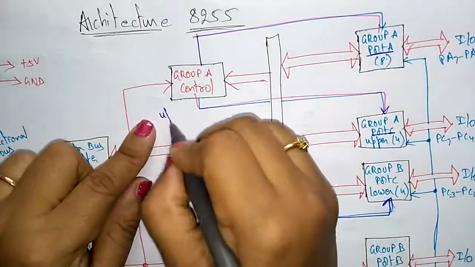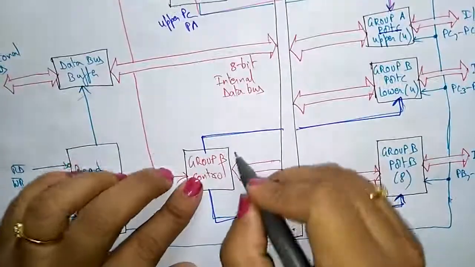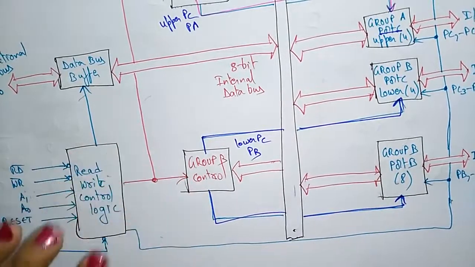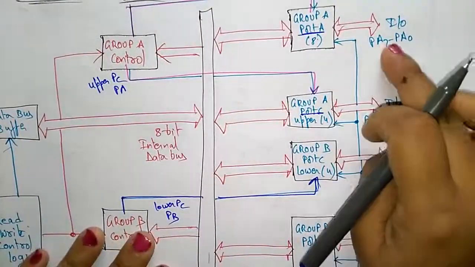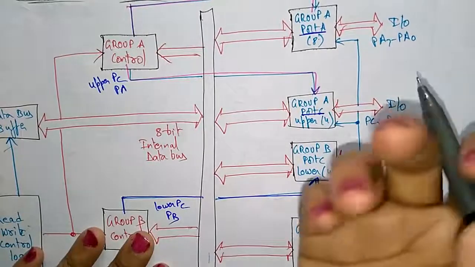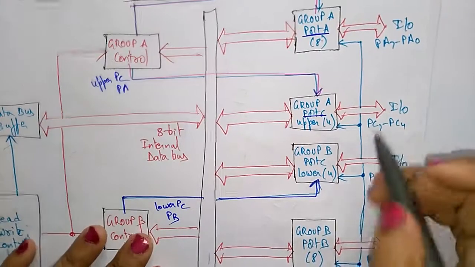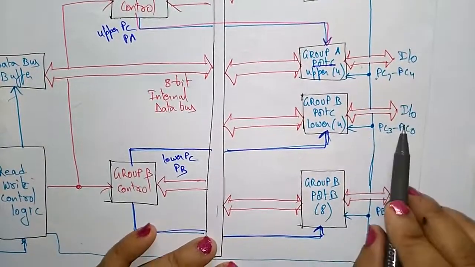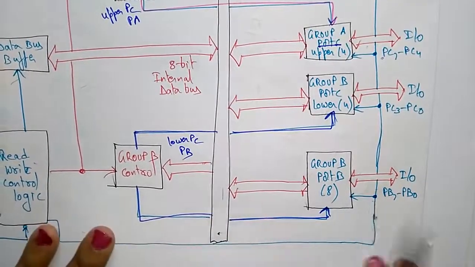So you have to remember that Group A has upper port C and port A, and Group B consists of lower port C and port B. Here you are seeing these input output pins, totally 8 pins, connected to the external devices, so you can take 8 bits of information at a time. Here also 4 bits are connected to input output devices, and these other 4 pins are connected to input output, a total of 8 pins.